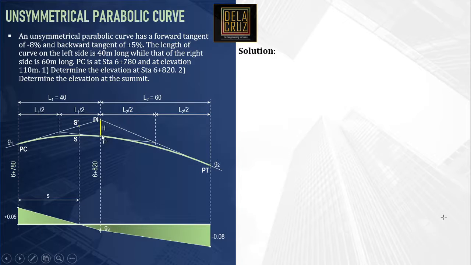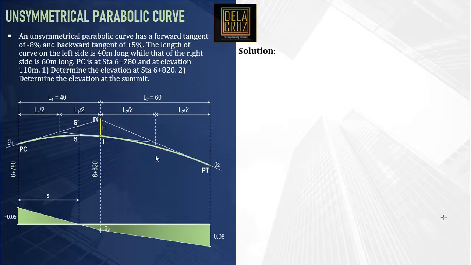Notice that if you want to calculate the elevation at point T, given elevation of PC, considering this triangle here, the elevation of PI is equal to elevation of PC plus G1 times L1, the vertical offset distance. So if you have the elevation of PI minus H, that would be the elevation of T. That is very simple.